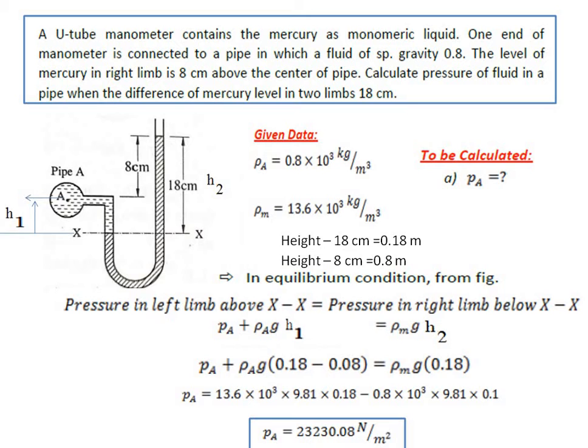So by this formula, PA is equal to 23,230.8 Newton per meter square. Okay, you also try to solve this problem by doing the calculations in your notebook.